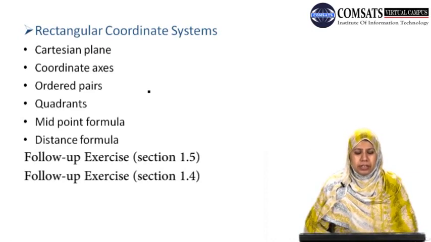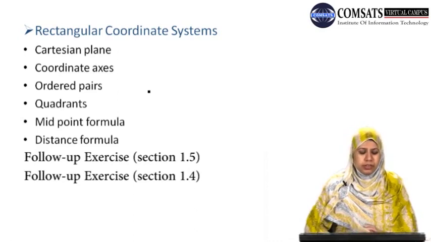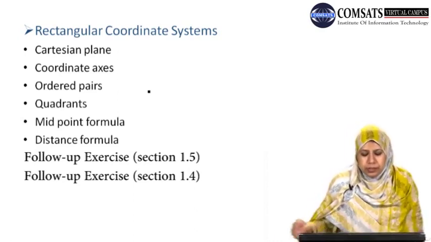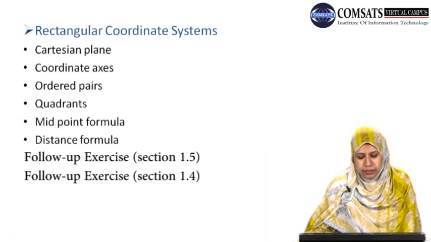That is, if we are given any 2 points, then we find the midpoint of the line segment joining them with the help of the midpoint formula, and its length with the help of the distance formula. So with this we end our chapter 1, and there are a few practice exercises mentioned here.